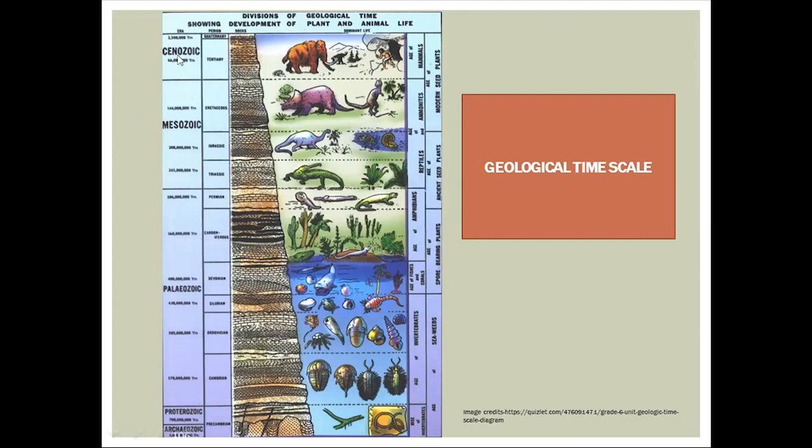And you can see that the lower layers of rocks will be the oldest ones, and the upper layers will be the newest ones. So, when the fossils of these layers were studied, it was found that the species that were found are completely different. So, based on that data, the events in the Earth's history were classified.